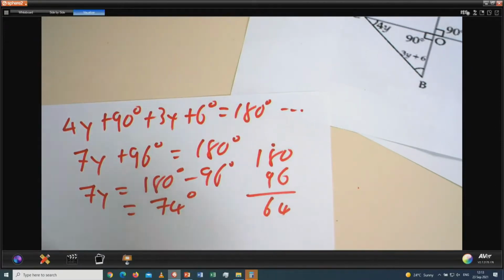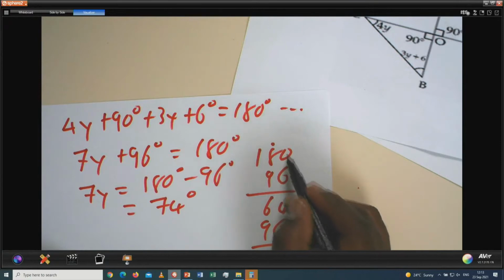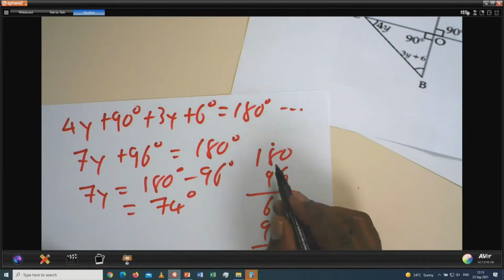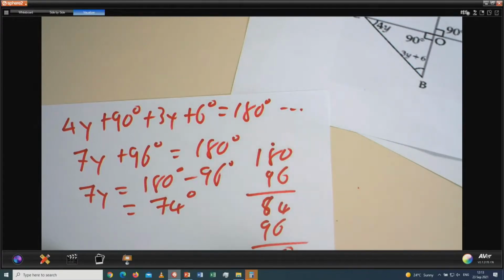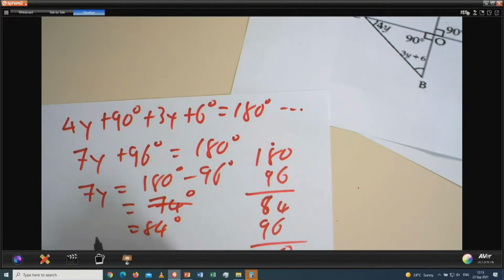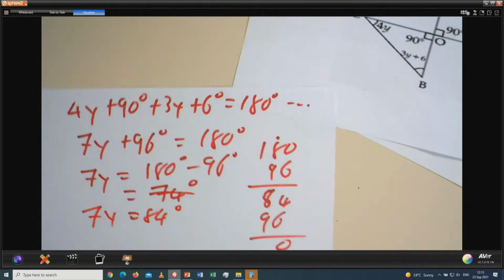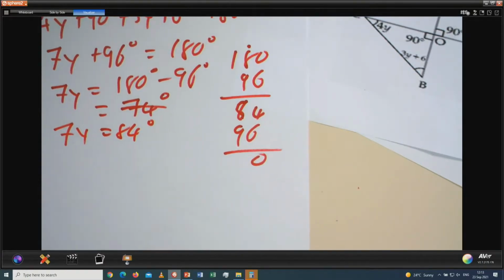Okay, it's 84 degrees, let's make sure. 10 minus 6 is a 4. 17 minus 9 is an 8. Alright, it's an 8, sorry. So it's 84 degrees.